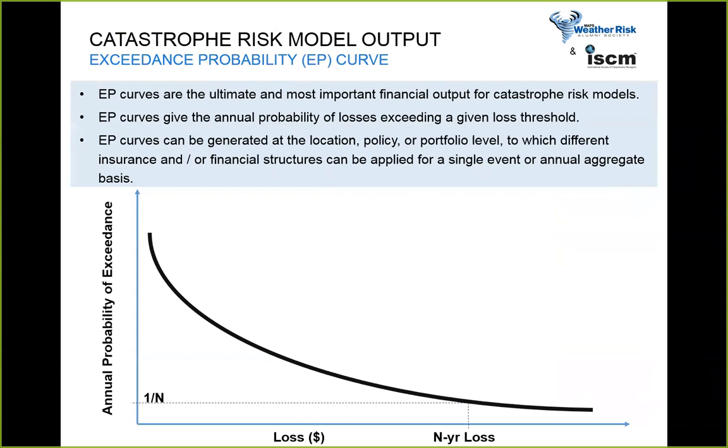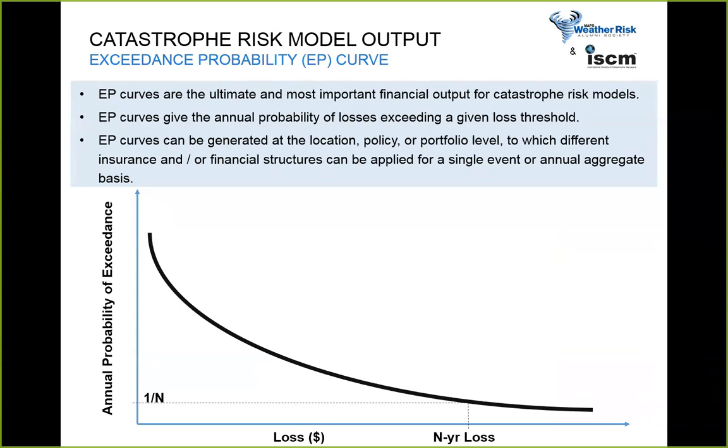So here is the EP curve. On the x-axis, we have insured losses increasing, and probability of exceedance increasing on the y. So for very, very low losses, you see the probability of exceeding that level of loss is very high and goes ultimately up to 1. And then as the losses get higher, the probability of exceeding that level of loss drops quicker.